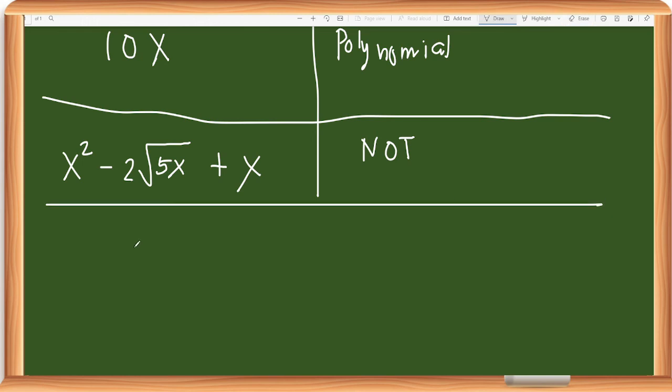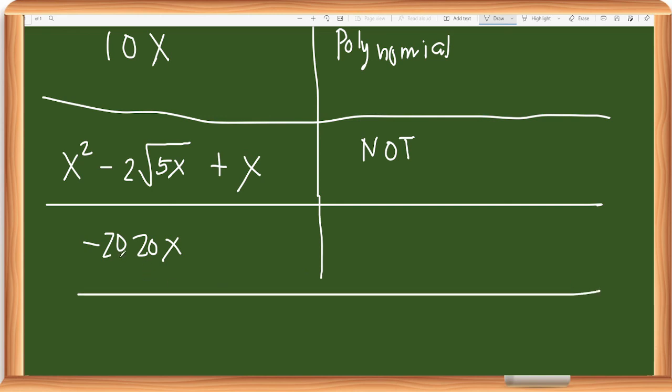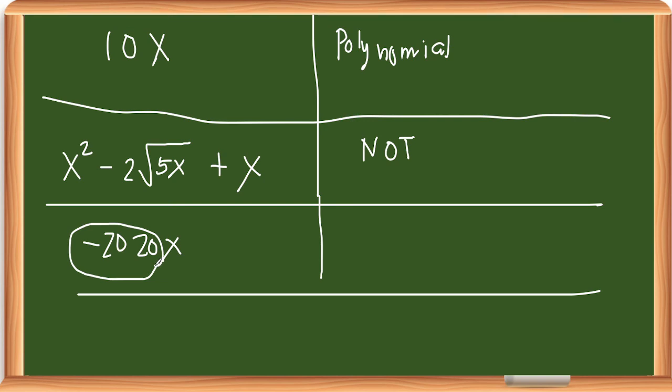What if we have negative 2020 x? Is it a polynomial? Yes. Because its coefficient, check, yes, it is real. And the exponent of the variable is a non-negative whole number. Therefore, this is a polynomial.